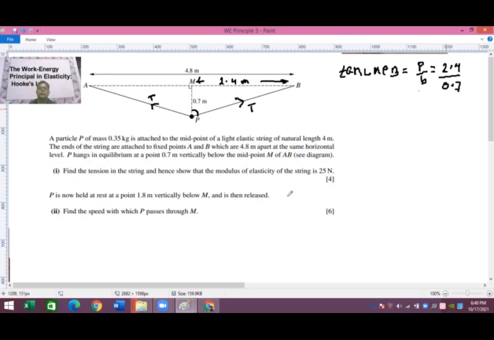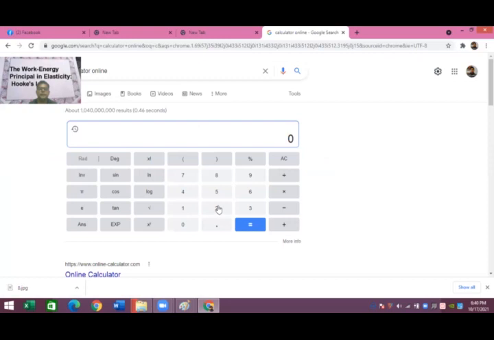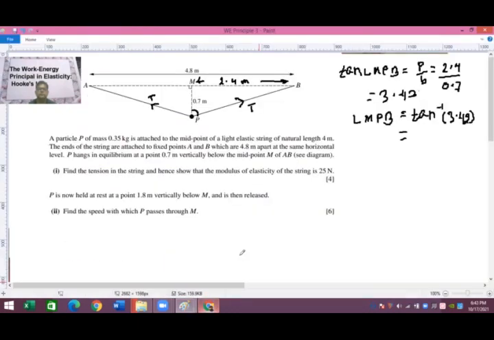Now go to the calculator, you can write 2.4 divided by 0.7, and this value is 73.74 degrees. Now we have got the value of this angle, which is 73.74 degrees. Now we resolve this force, given force T.